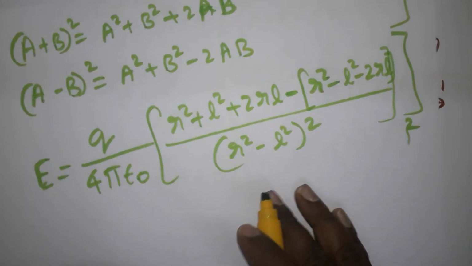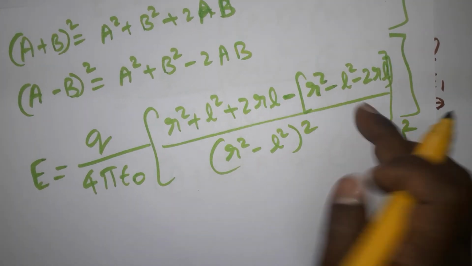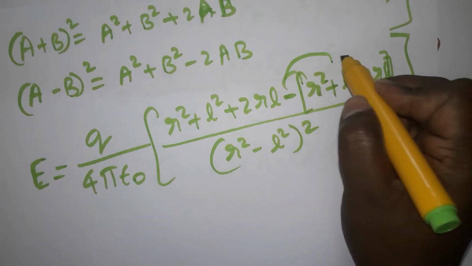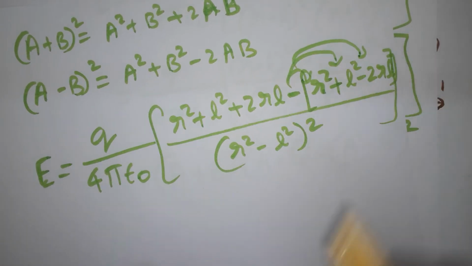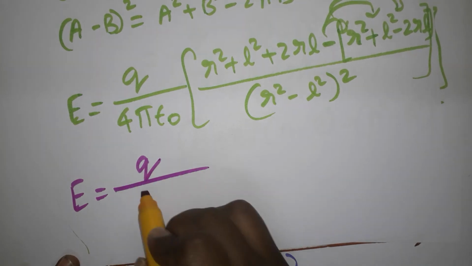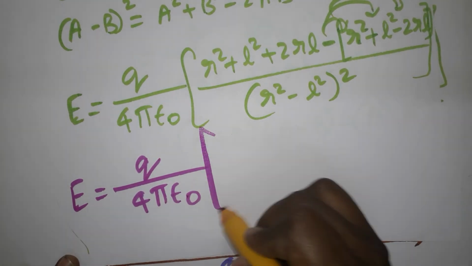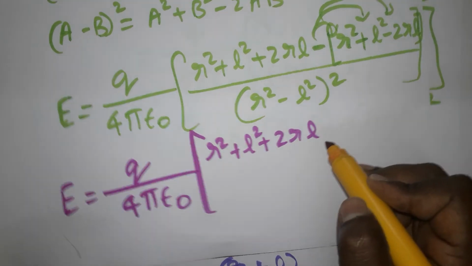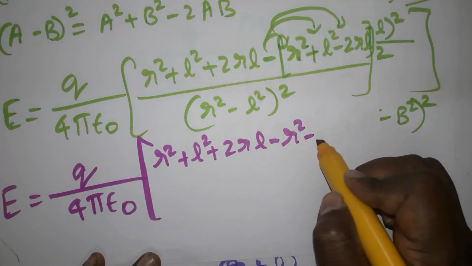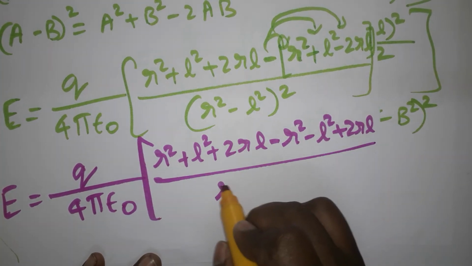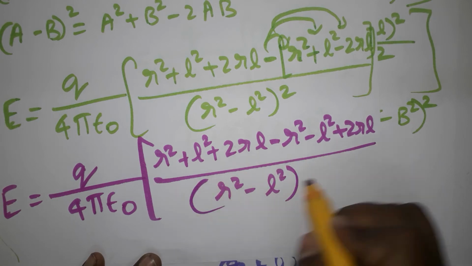Now this minus I have taken inside: minus R square minus L square plus 2RL. Just this minus I have taken inside, the same equation only. So now E net is equal to Q divided by 4 pi epsilon naught, R square plus L square plus 2RL minus R square minus L square plus 2RL, divided by R square minus L square whole square.